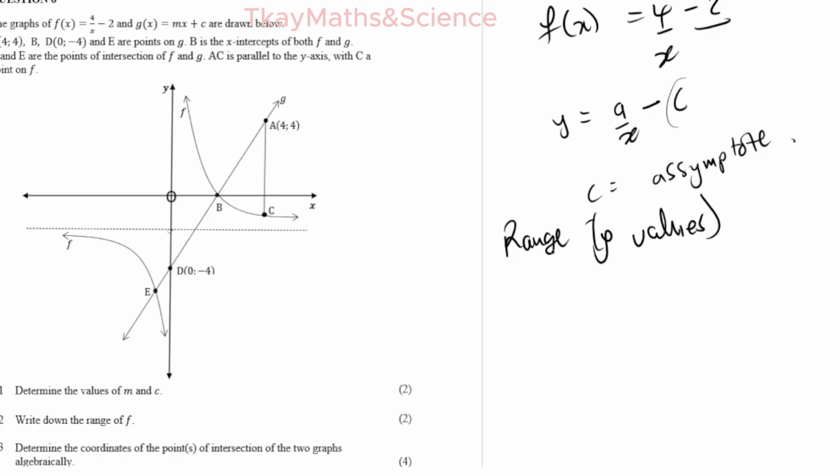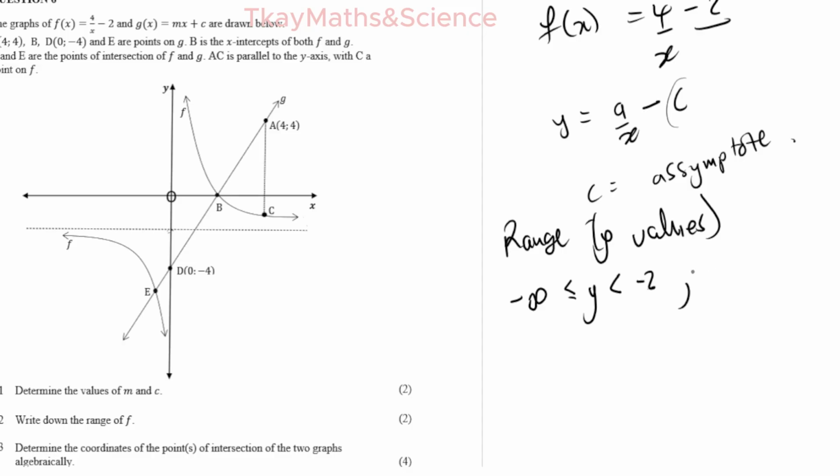So our range of y values is going to be like this. We're coming from negative infinity up until we reach -2. So it's negative infinity less than y less than -2, because it never touches -2. And also, it starts from positive infinity up until it comes close to -2.